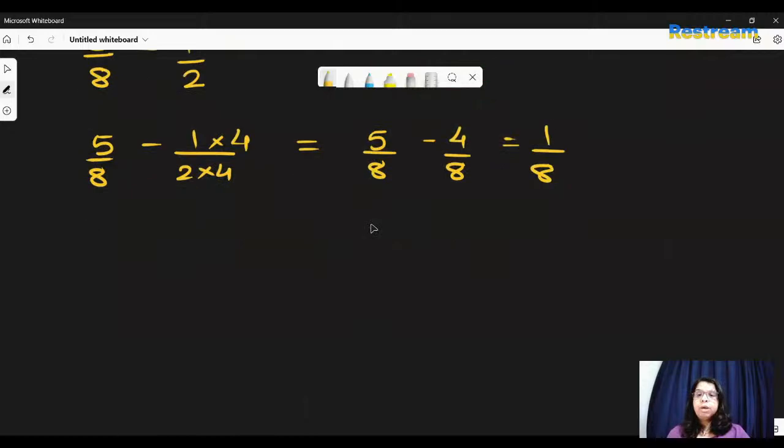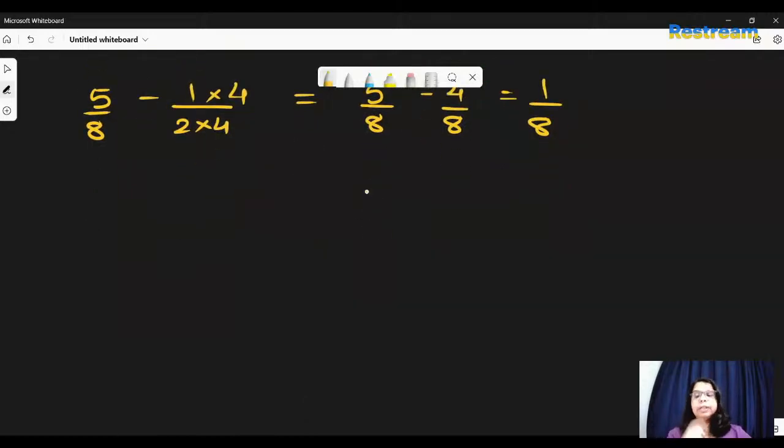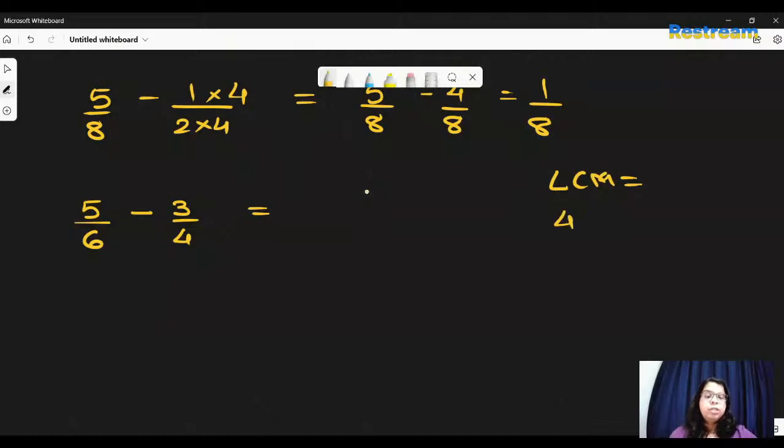Now what happens if I have, let's say, 5 by 6 minus 3 by 4. Okay, so now these are not co-prime numbers, they have something in common. So their LCM is going to be: 4 is 2 into 2, 6 is 2 into 3.